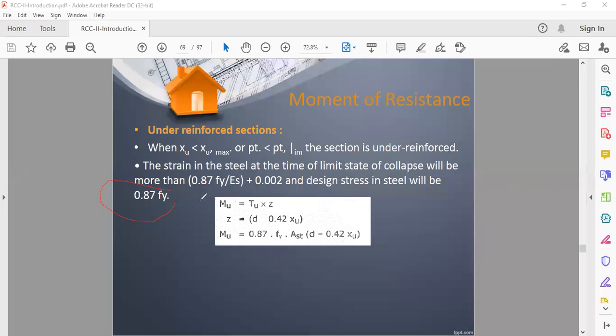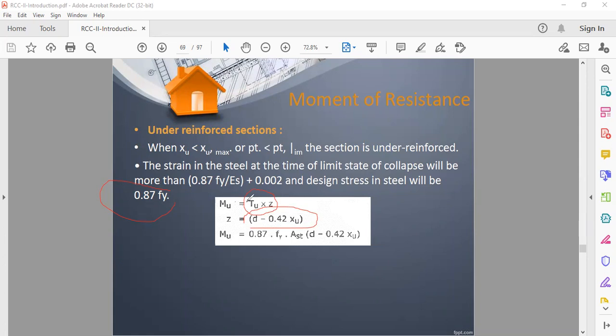So what is the moment of resistance in that case? The moment of resistance equals Tu, the tensile force, multiplied by Z. Z is the distance between the compressive force and the tensile force, and that value is D minus 0.42 XU.